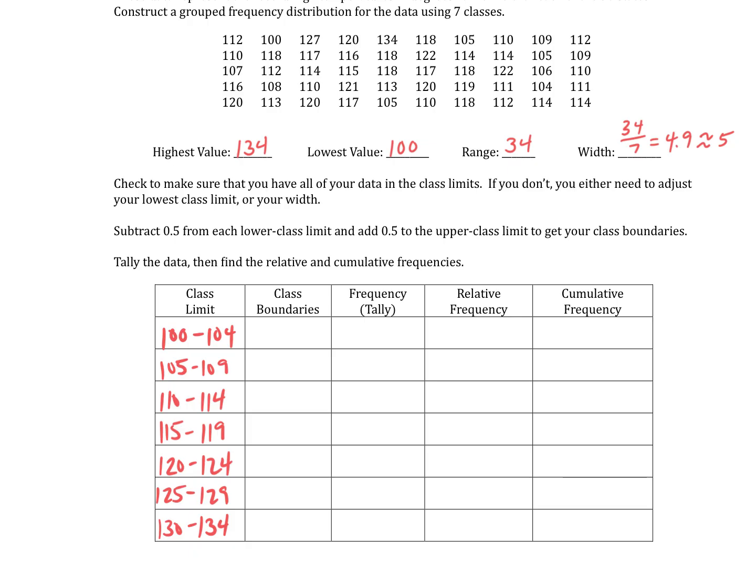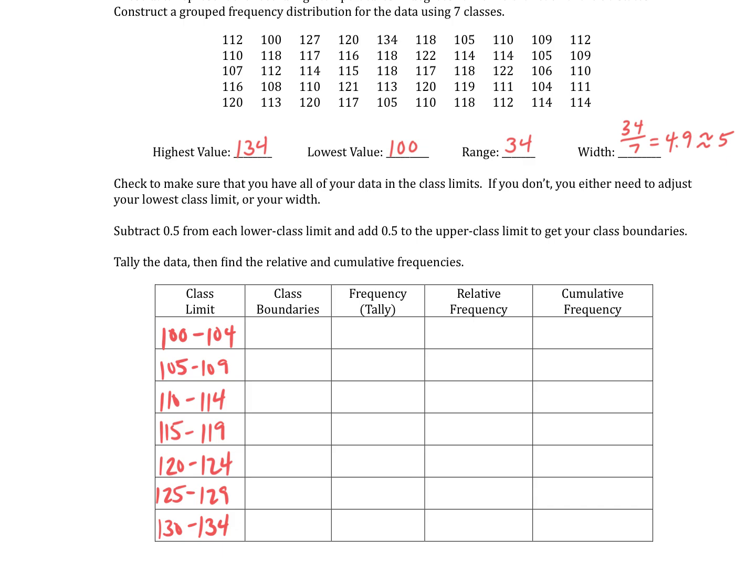Thankfully, everything fits. If you get to the end and notice you can't get your highest value in there, you did something wrong and need to adjust your width. I would change the first class to be 1 more and then redo all of them.